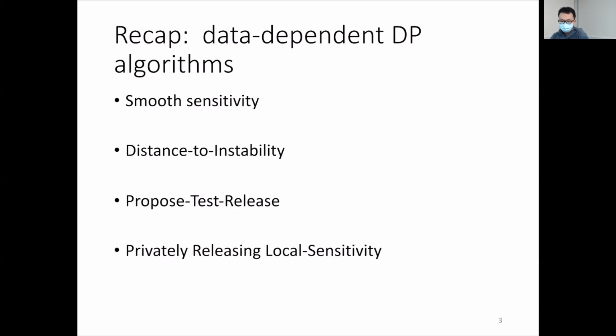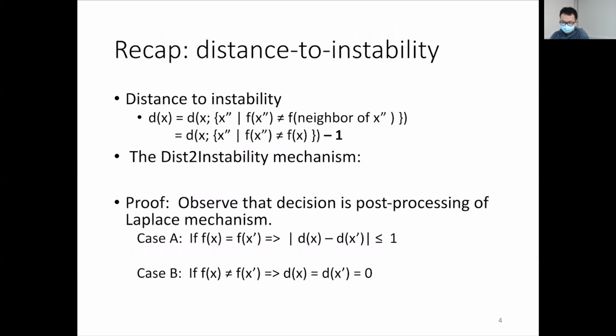Right. So these are the 3 approaches that we talked about in the last lecture. I'd like to go over them again, very quickly, to remind you what are the things that we learned, so as to set the foundation for today's lecture.